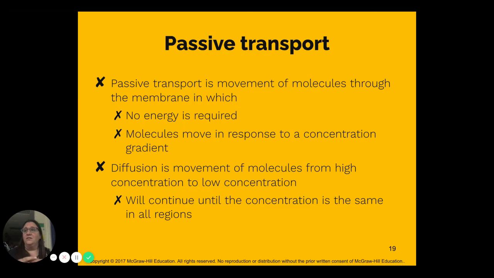Those are the concentrated particles diffusing into the air around it. So passive transport is just a type of diffusion when we're talking about movement of molecules into and out of cells. Diffusion will continue until the concentration is the same in all areas. So molecules will continue to move until it's equal.